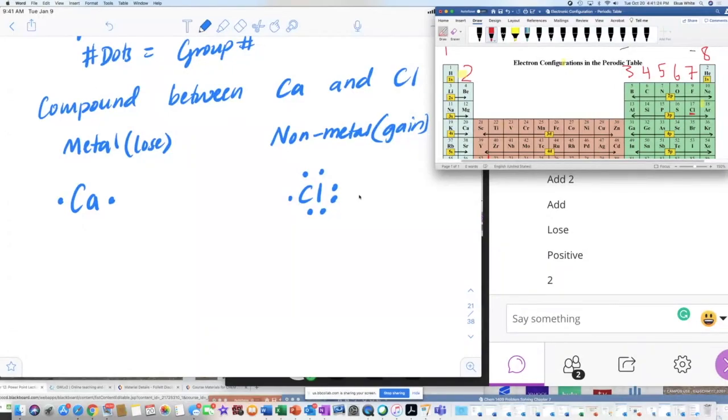What's the quickest way? It has 7 electrons in the outermost layer of energy. Can you see that? Okay, chlorine has to gain an electron.